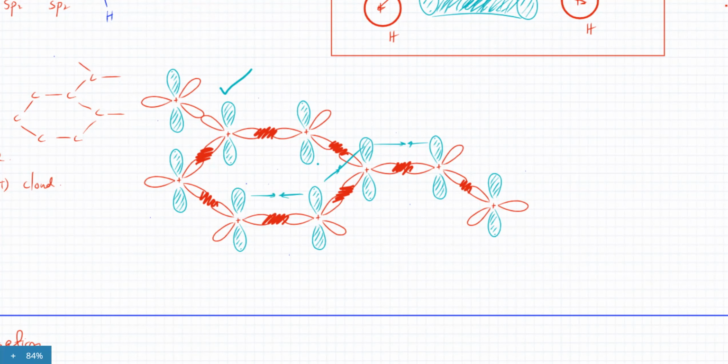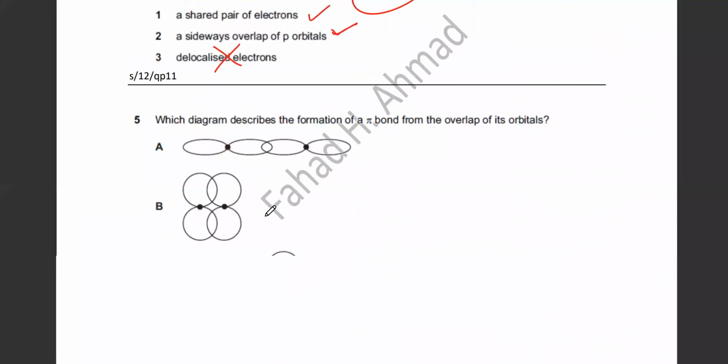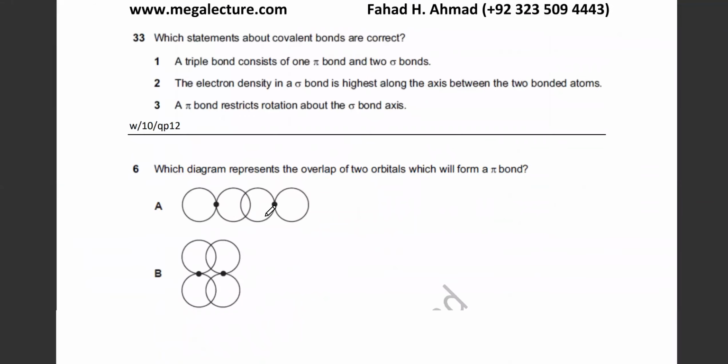So only in graphite will you have delocalized electrons. We did this earlier.